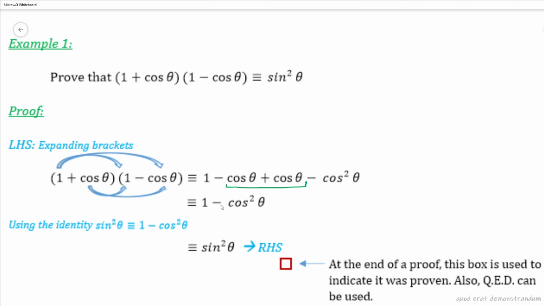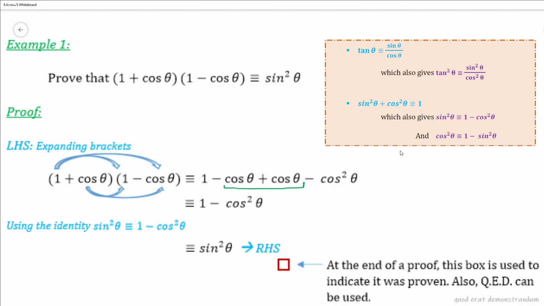So here we have 1 minus cos squared theta, and I need to somehow get sine squared theta from this. But we have an identity which we looked at before, where we had sine squared theta plus cos squared theta is equal to 1. And from this, looking at this one in purple, sine squared theta is identical to 1 minus cos squared theta.